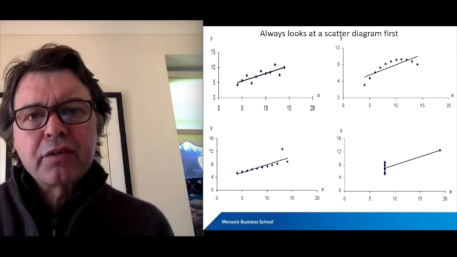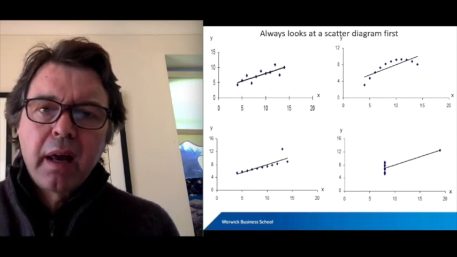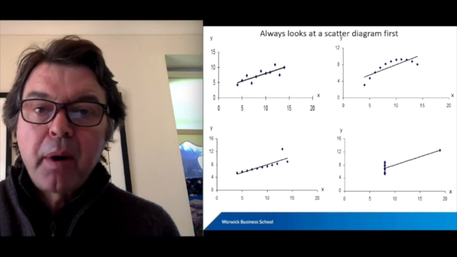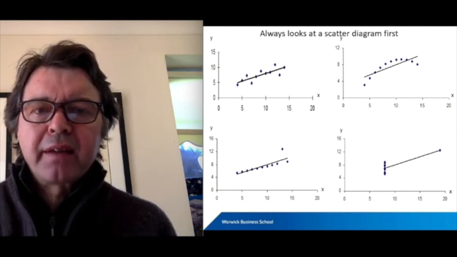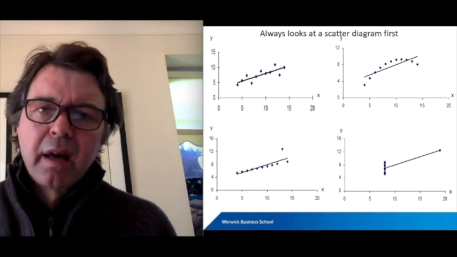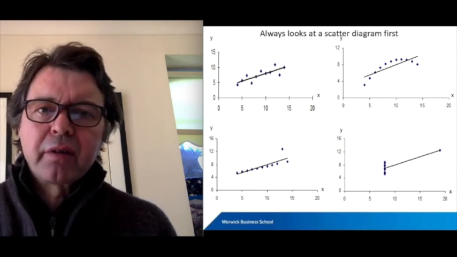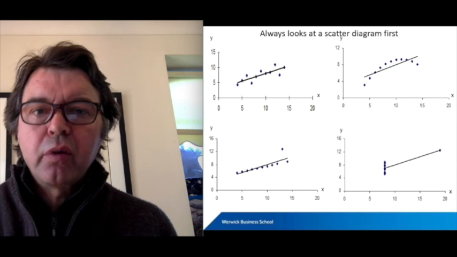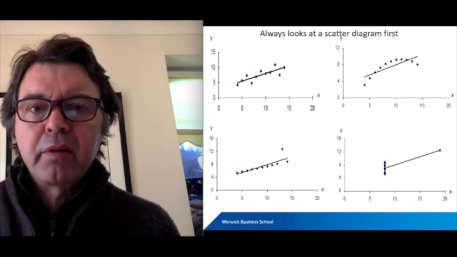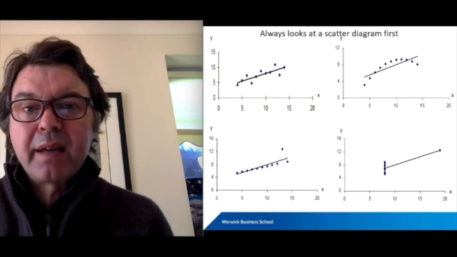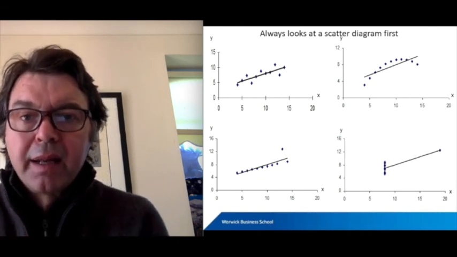So that's a little introduction to regression. It's a very popular approach, but the main thing to remember is that with regression, normally we're looking for causal links between the variables, and the way we express that is we say that the y variable depends upon the x variable.